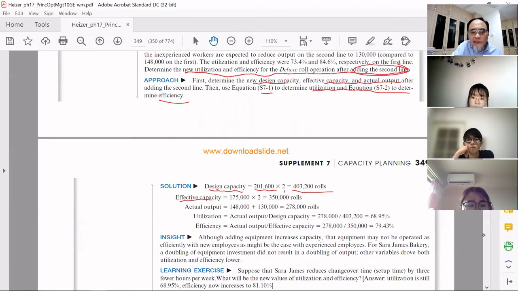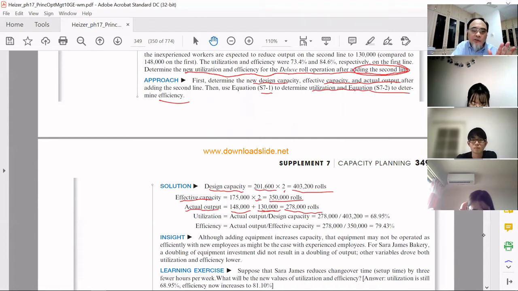Effective is also multiplied by the two lines, 175,000 times 2, which is 350,000 rolls. But the actual output, because the first line is more productive than the second line, you add 140,000 plus 130,000. So the total being able to produce is only 278,000 rolls.